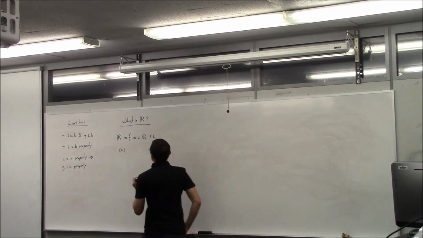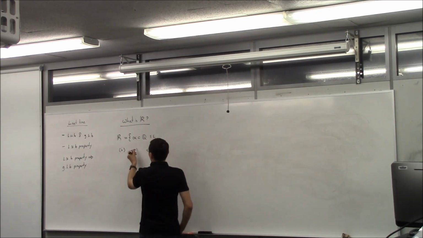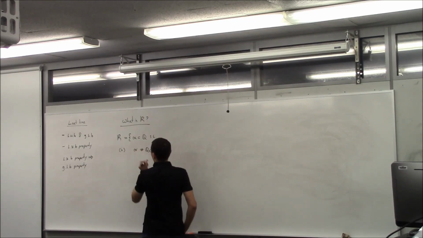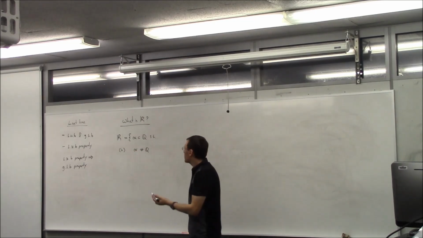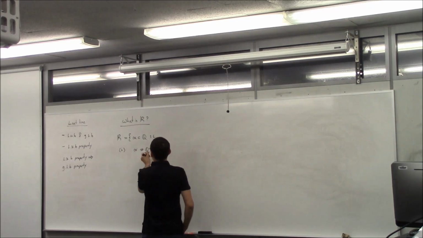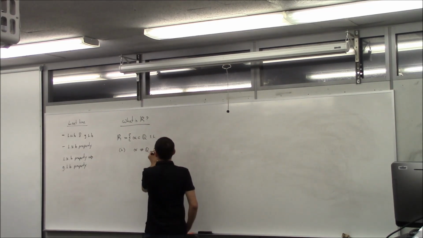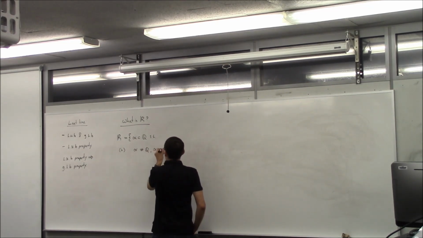First property is that alpha is not equal to Q. So it's not the entire rational numbers, and I might also say that alpha is not the empty set.